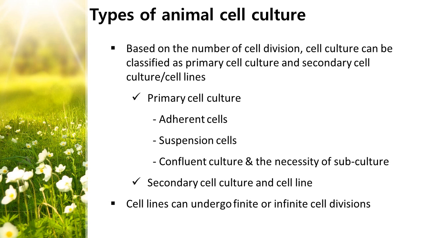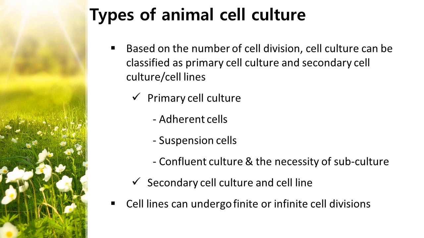Again, primary cell culture, based on the nature of cells, we can categorize as adherent cells, suspension cells, and another category, confluent culture. Here we can discuss the necessity of the subculturing technique. And the second category is secondary cell culture and cell line.